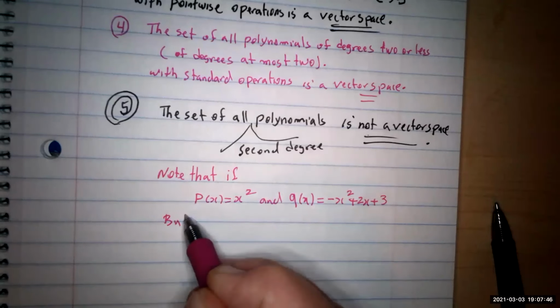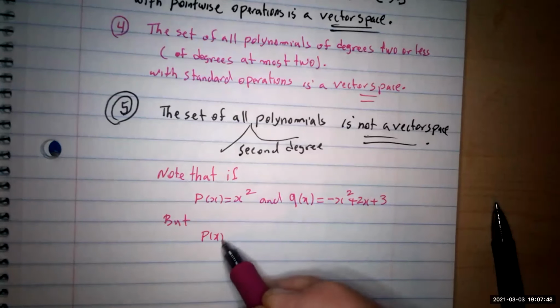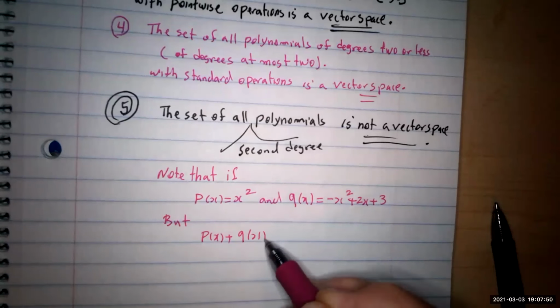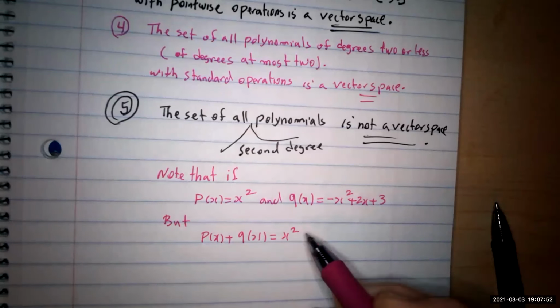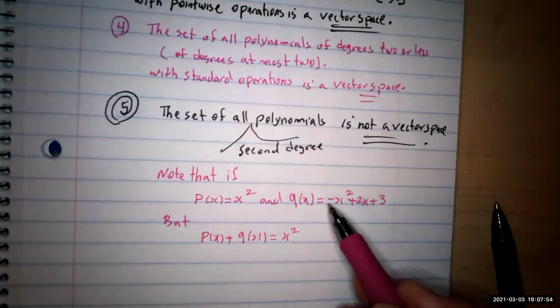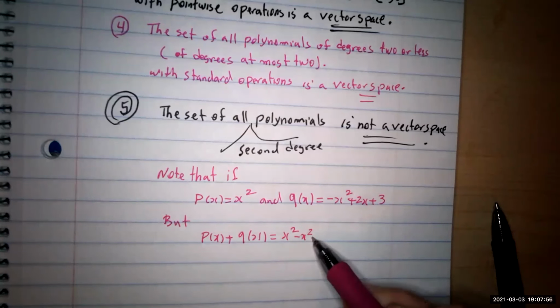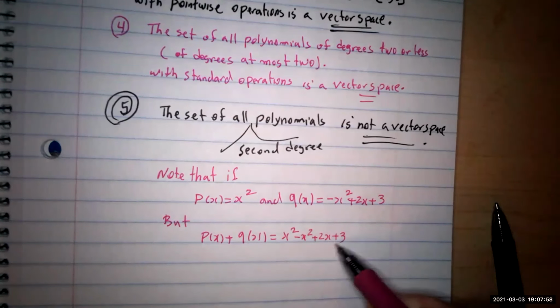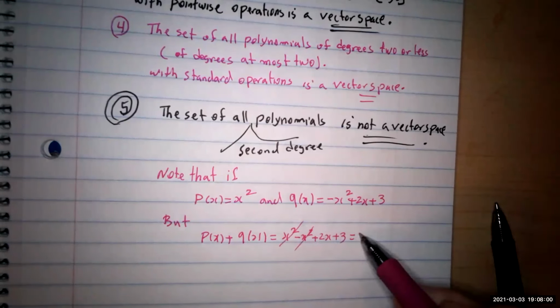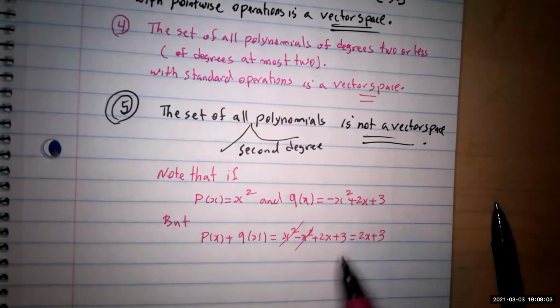But if you add them together, we get p of x plus q of x, which is x squared plus 1 minus x squared plus 2x plus 3. You see these two x squared terms will cancel out. We get 2x plus 4.